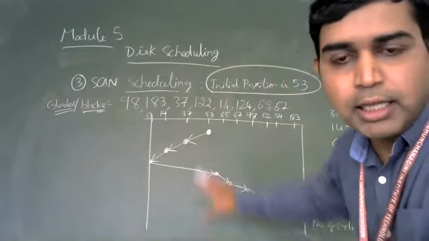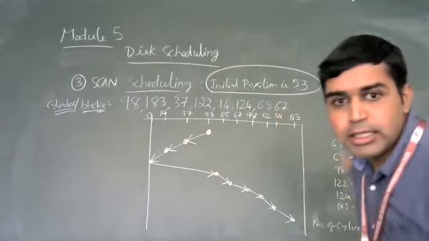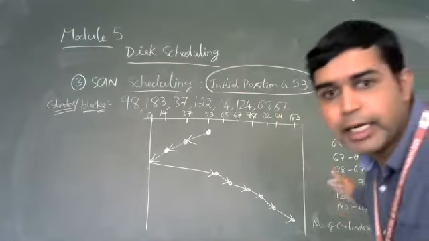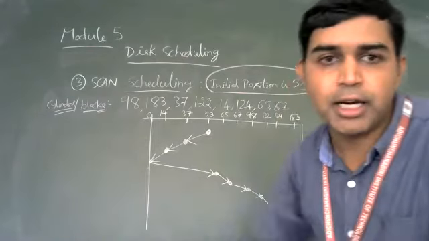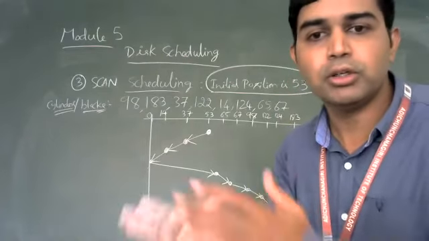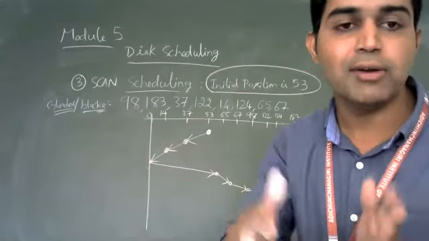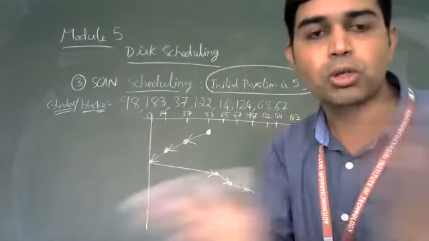You can also consider the right part of your disk. Then the diagram will look like this. It will be moving to this end of the disk first, and later it will be moving to the left side. It is left to you. You can choose either to solve the left side first and then the right side, or the right side first and then the left side.